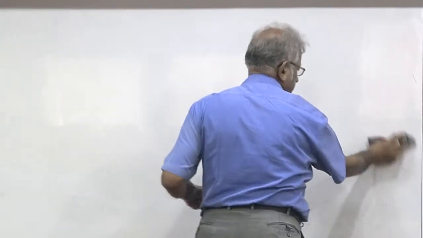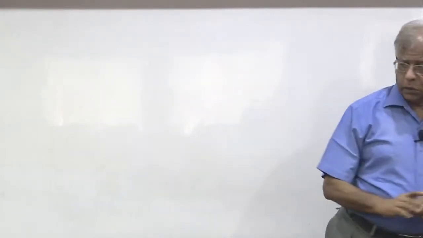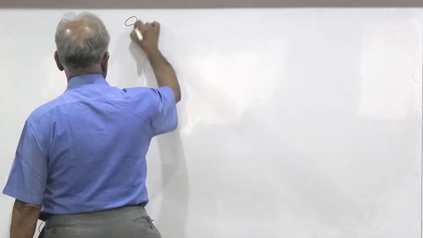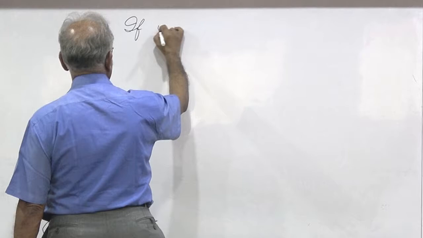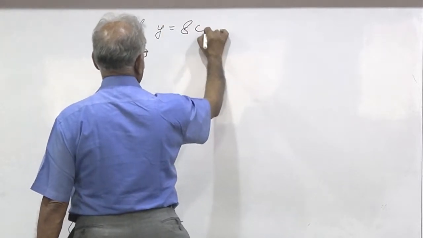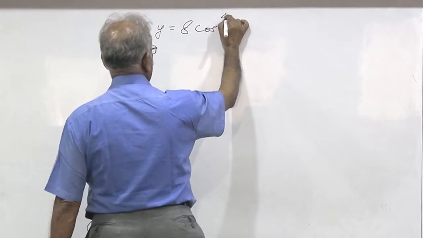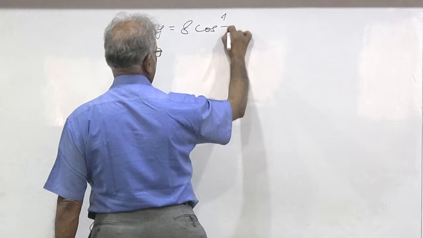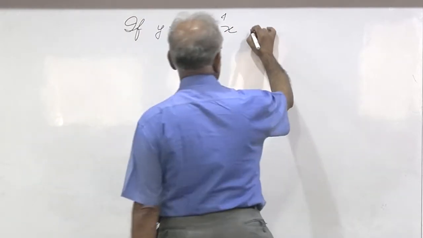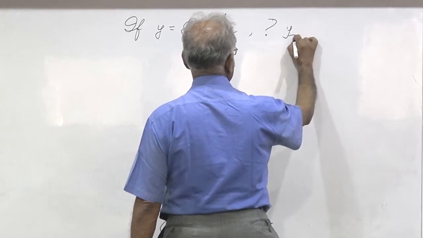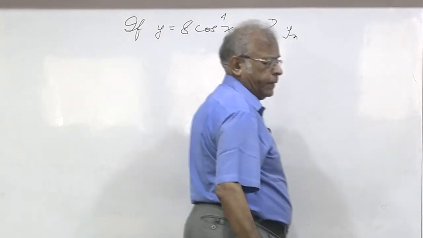So let's start with the problem that can be written down like this. If y is equal to say 8 times cos x to the power of 4, then what is the expression for y sub n?